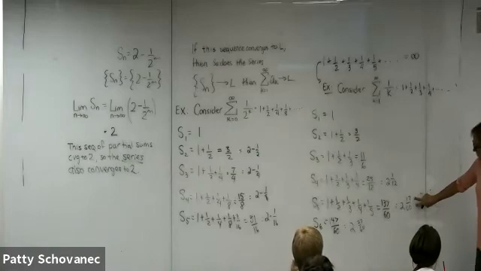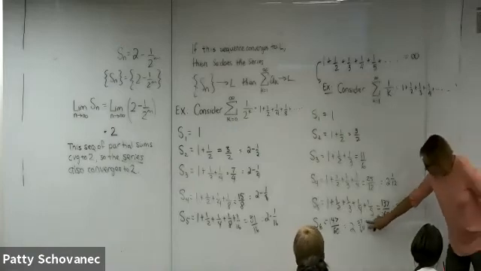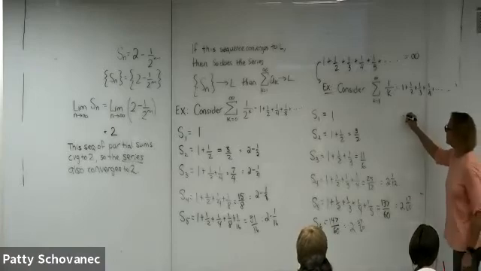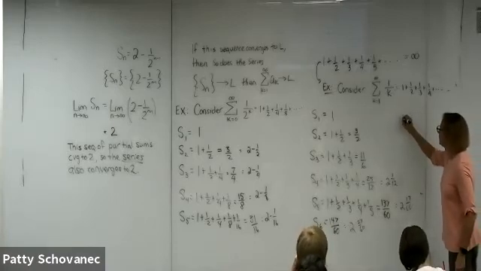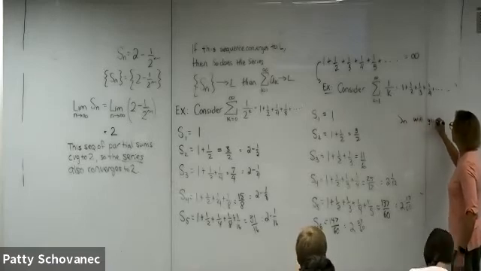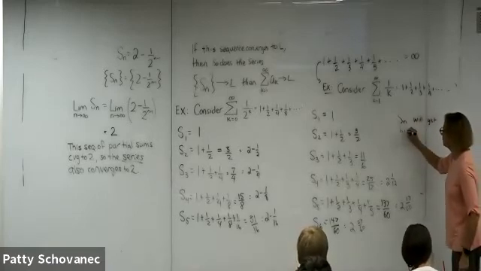So that's about a third, close to a half, right? Our partial sums keep getting bigger and bigger. Sn will get bigger and bigger as we add more terms.